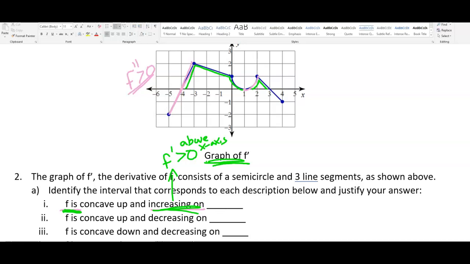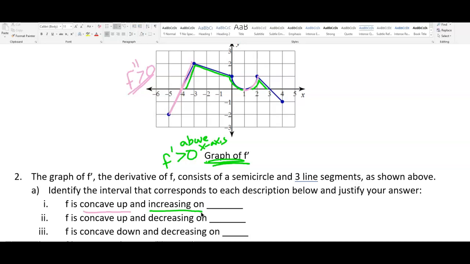So now the question here is asking us two things. When are these two things happening at once? When is f concave up? And when is f increasing? Well, which parts of this line have I highlighted in pink, representing concave up, and green, representing increasing?